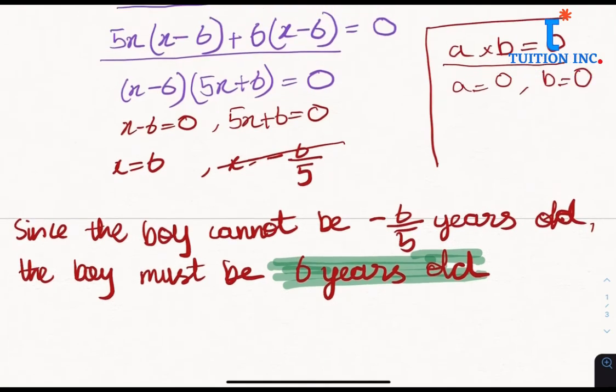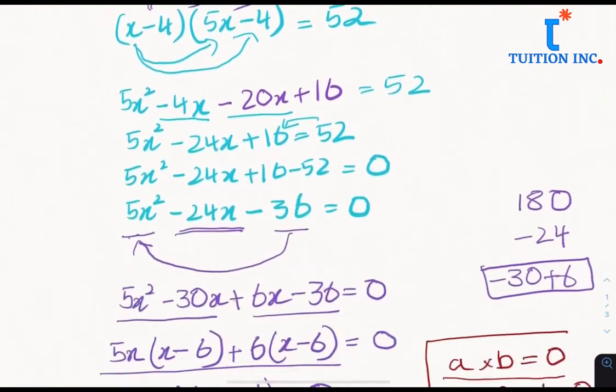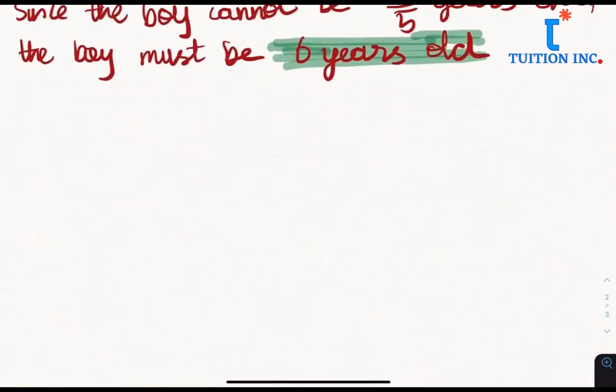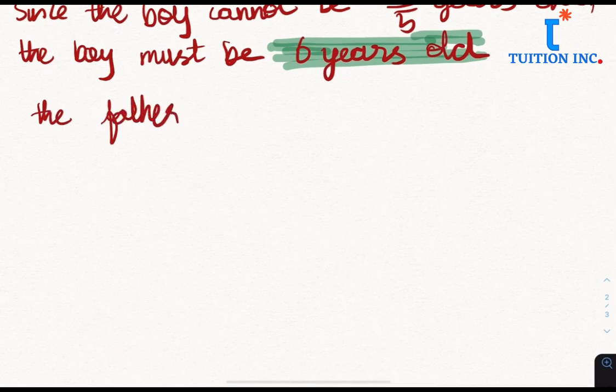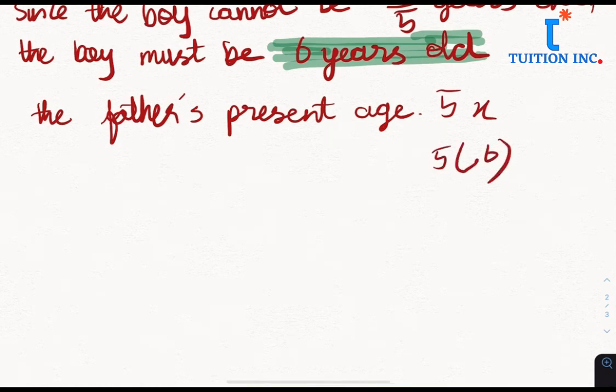And now how to calculate the father's age? So at the start of the question we said if son was x, father was 5x. So the father's present age is 5x. 5 multiplied by 6, which is 30.